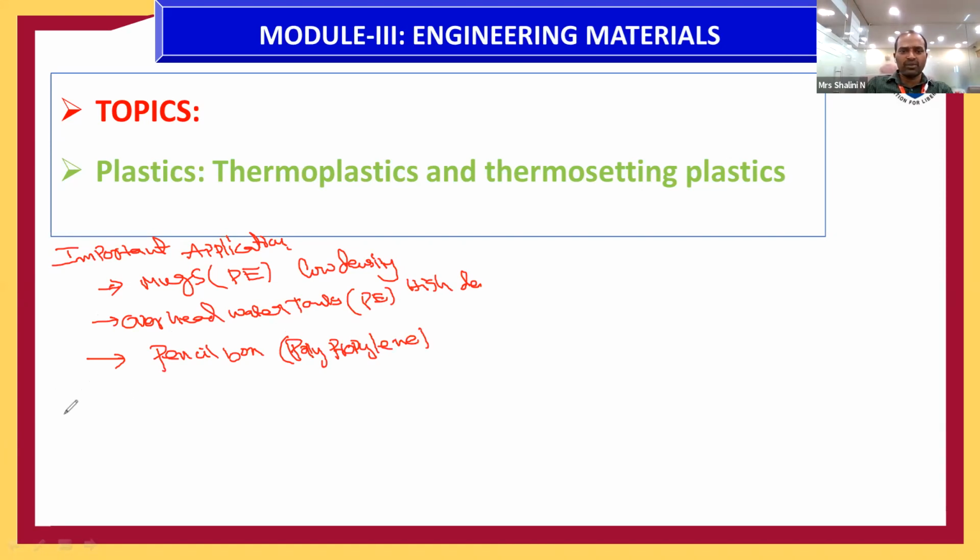These are polymer compound pencil boxes. The next one, audio cassettes, are prepared from polystyrene.